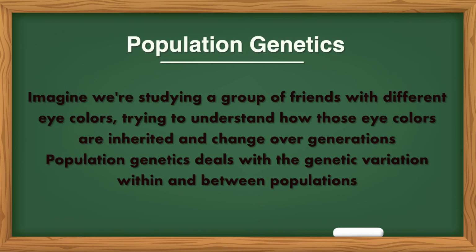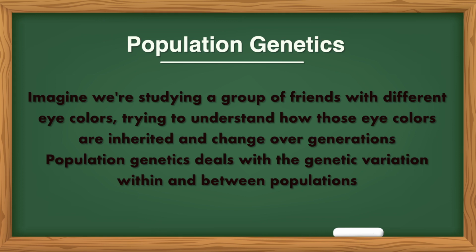Imagine we are studying a group of friends with different eye colors, trying to understand how these eye colors are inherited and change over the generations. That is what population genetics does on a larger scale with the entire population.